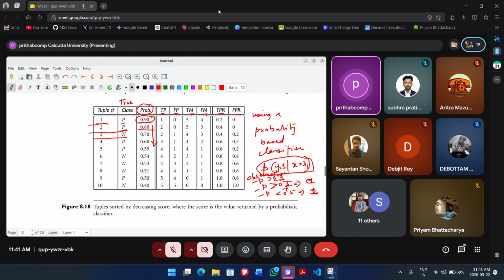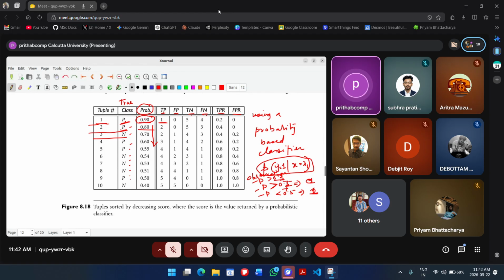Only if it is greater than or equal to 0.90, then it's positive. In this case, you see the true positive is 1. Now you look at all the other values. For all other values, this is going to be a negative class.